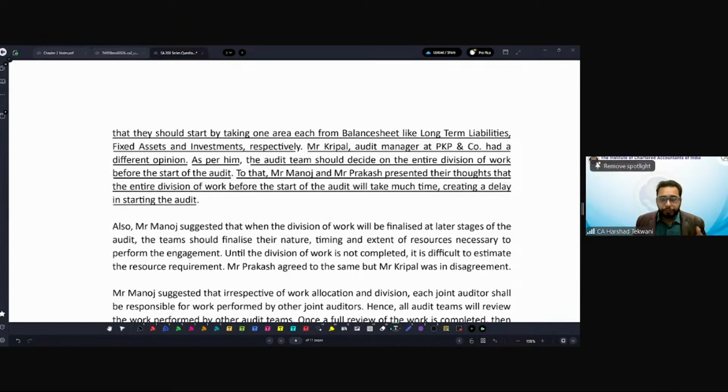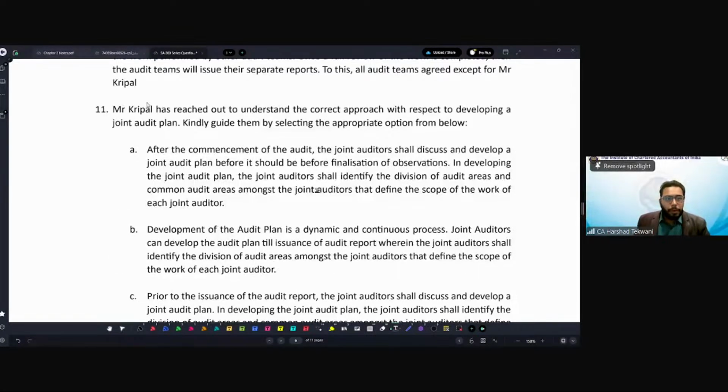Okay, now let's discuss question number 1 with respect to this part. Mr. Kripal has reached out to you to understand the correct approach with respect to developing a joint audit plan.